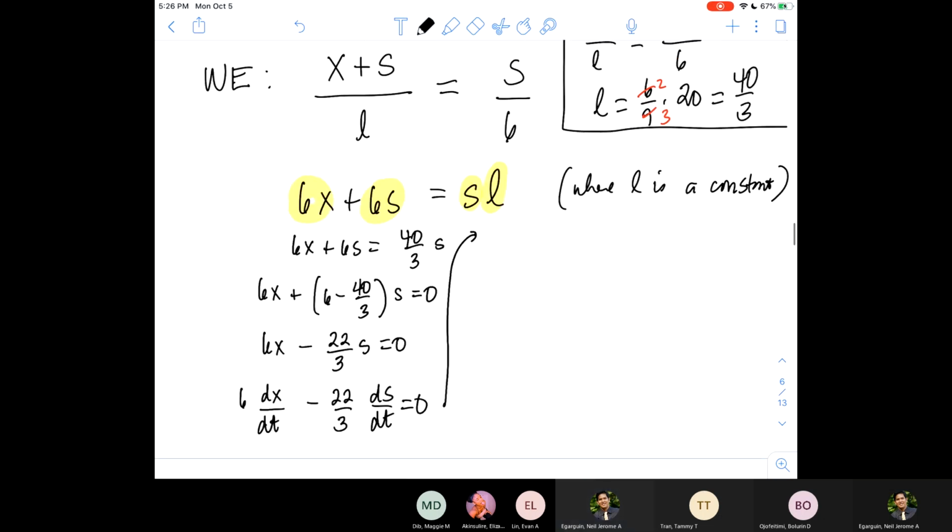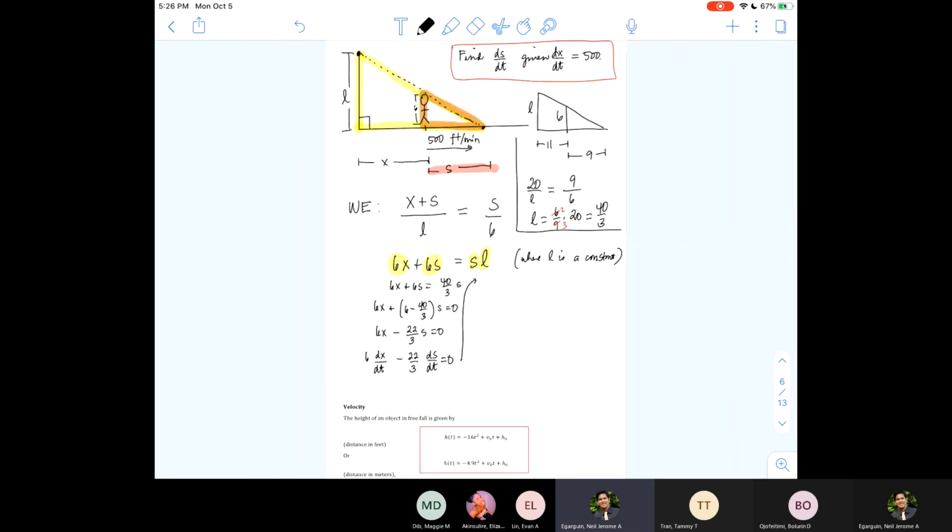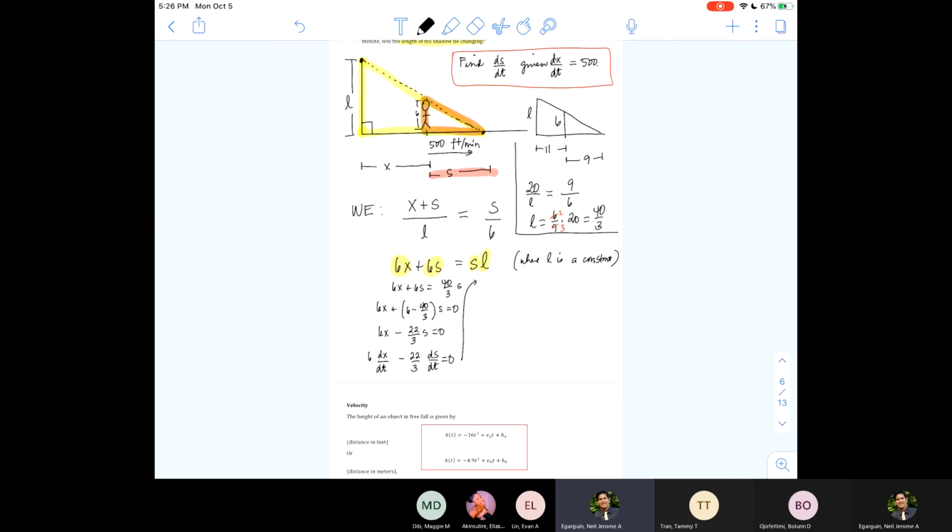And then we plug in the known values from our statement earlier. So we know that dx over dt is 500. So I'll have 6 times 500 minus 22 over 3 ds over dt equals 0.